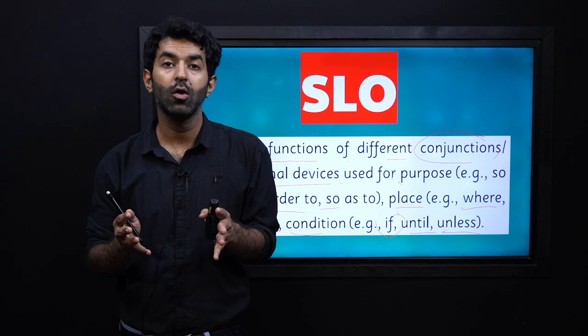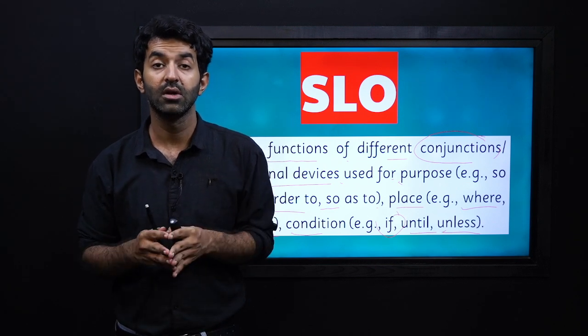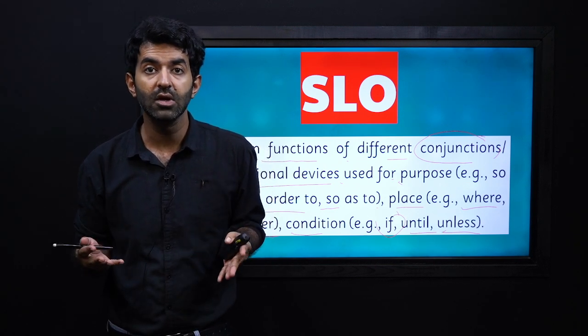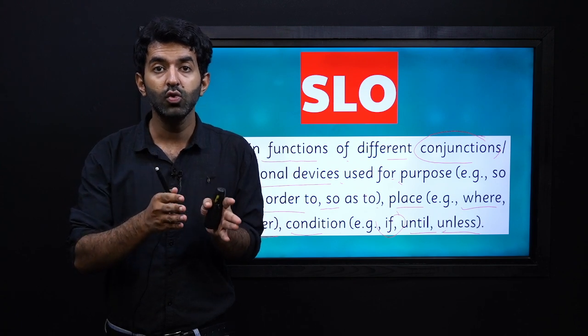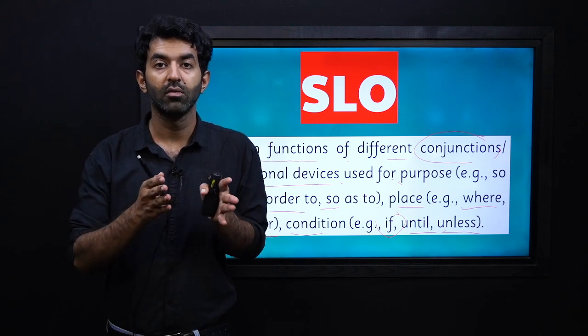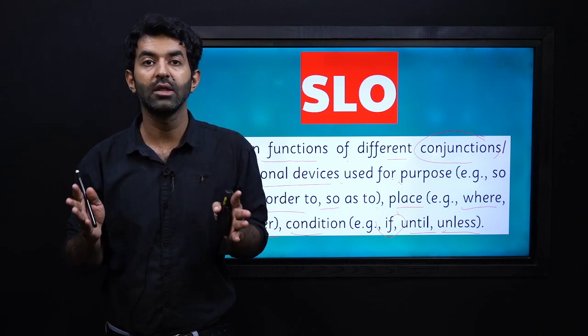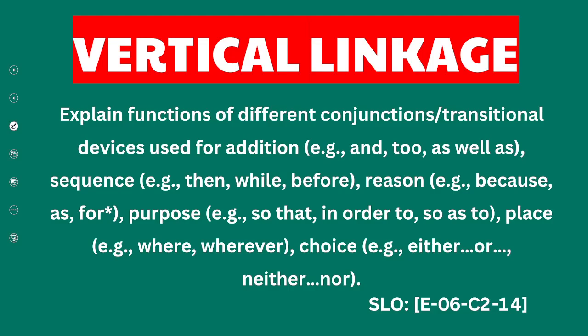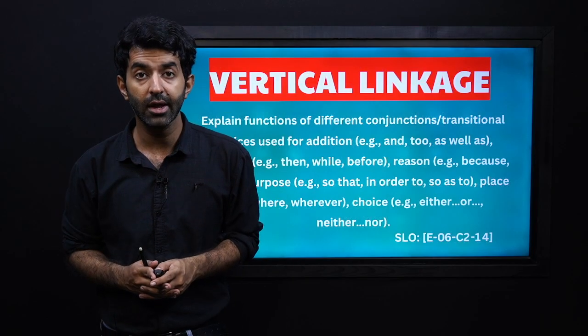So we will talk about the transitional words, the transitional devices that help us do this transition smoothly in our paragraphs, in our text, from one thing to another in all these three different purposes. Here goes your students learning outcomes vertical linkage.